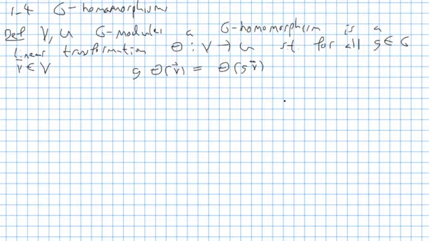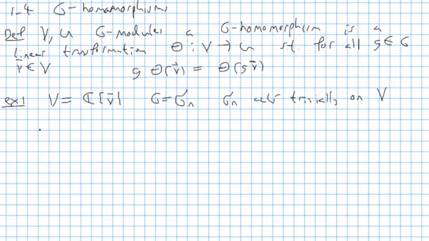So let's look at a couple of examples to get familiarized with this. V is going to be the span of just one vector, and G is going to be Sn, and Sn acts trivially on V, so that means that pi of v equals v for all pi in Sn.